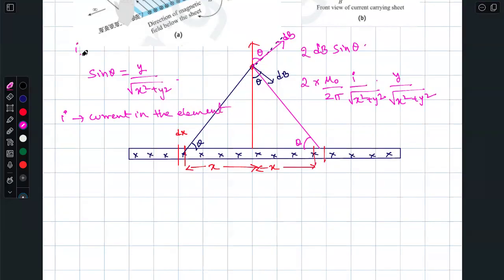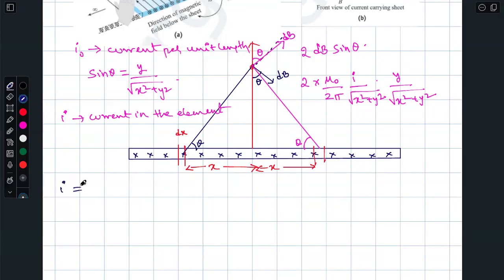If you define something called I naught as current per unit length, like sigma you define charge per unit area, likewise I am defining current per unit length. Then what is I?